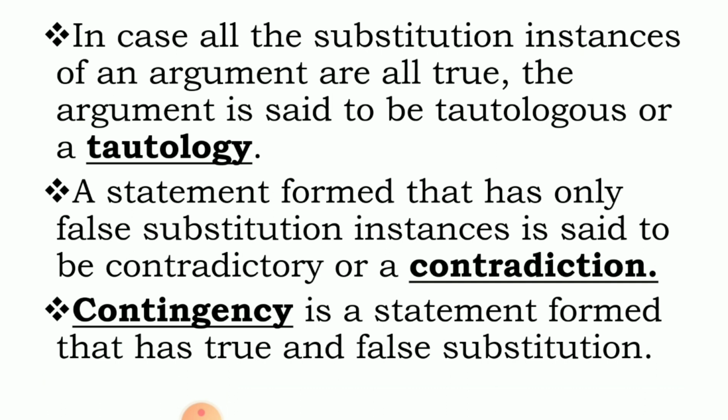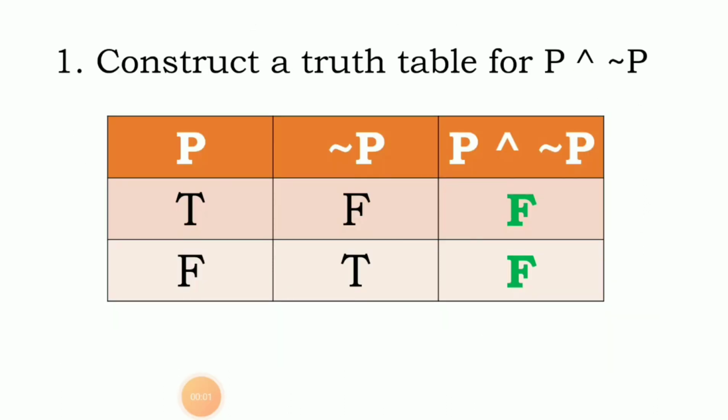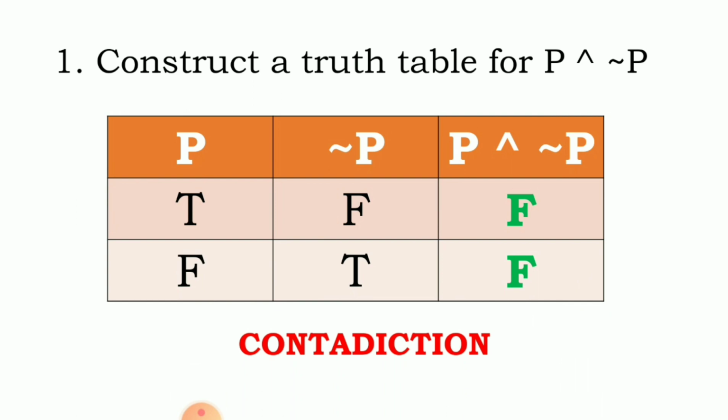So let us go back to the truth tables that we've constructed a while back and let us identify if they are tautology, contradiction, or contingency. First, we have the truth table for P and negation of P. As we can see, we have the truth values of false and another false. Therefore, this will be classified as contradiction.